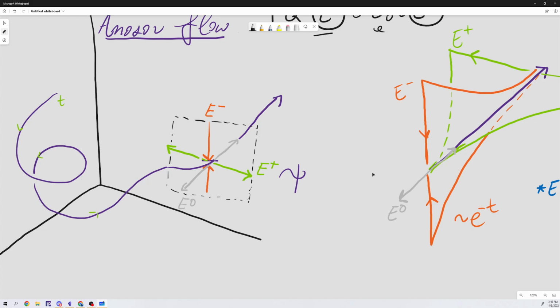But this was just a little taste of hyperbolic geometry and what you would call some low-dimensional topology, this idea of an Anosov flow. You'll notice I didn't make any effort to define this rigorously, because it's very conceptual and very loose. You can define it rigorously, but it would take up way too much time for today.